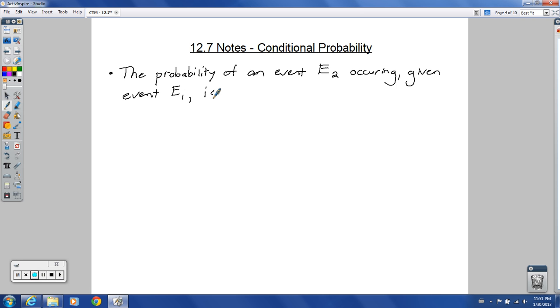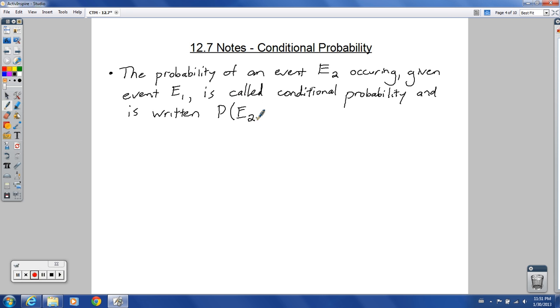This is called conditional probability. And it's written like this. So if you're writing this, the shorthand notation for something like that looks like this. You have the probability of event 2 happening given event E1.